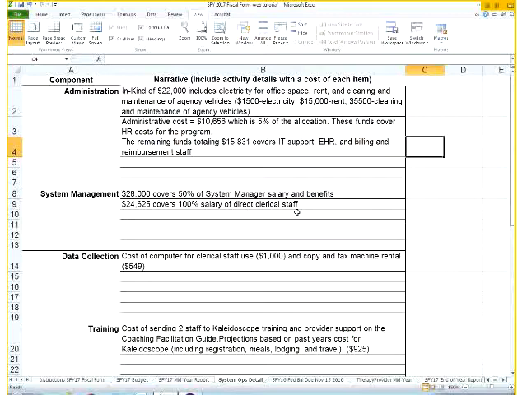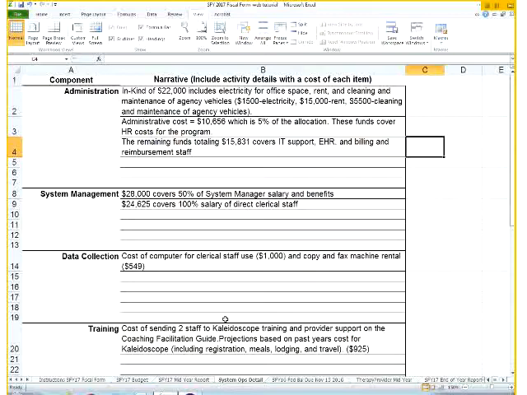So in this category, you want to capture your salary and benefits for the local system managers, and also salary and any associated benefits for support staff. If you had a system manager who also provided service coordination, then you would want to take the percent of time the system manager allotted to service coordination, and then you would take that percentage out of the salary and put it back under direct expenses for system management.